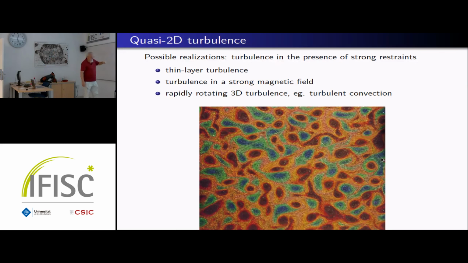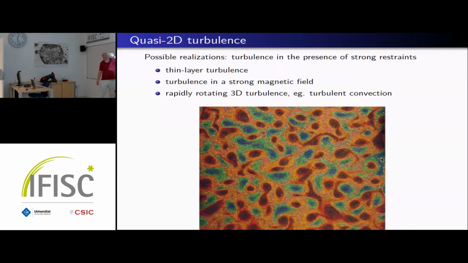Similar things occur in strong magnetic fields. The point about that, again, is that the magnetic field introduces anisotropy into the problem, just like having a thinner and thinner layer, that also makes the turbulence anisotropic. But I'm going to talk about the 3rd case.